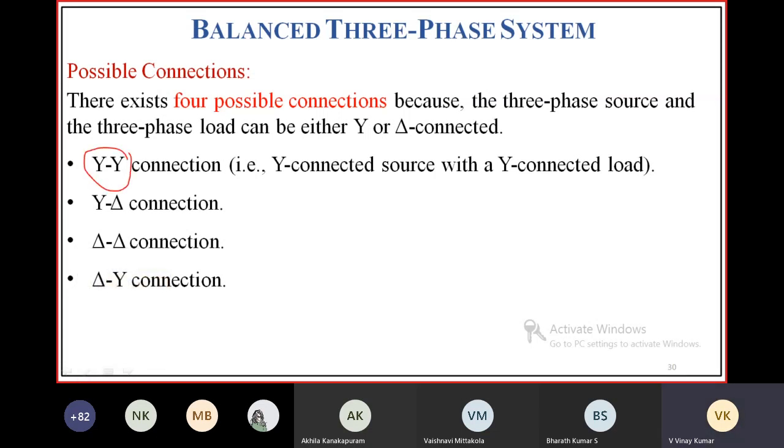There are four possible connections in a balanced three-phase system: star-star, star-delta, delta-delta, delta-star. Star connection means star connected source, star connected load.